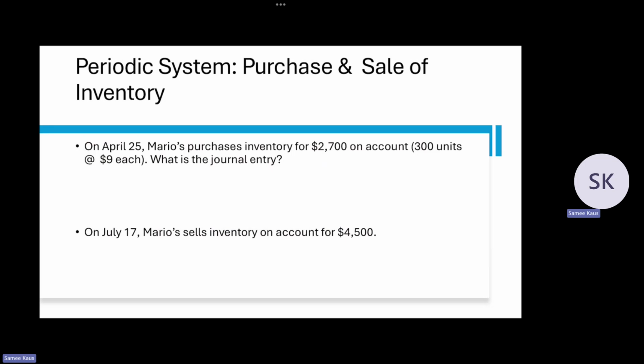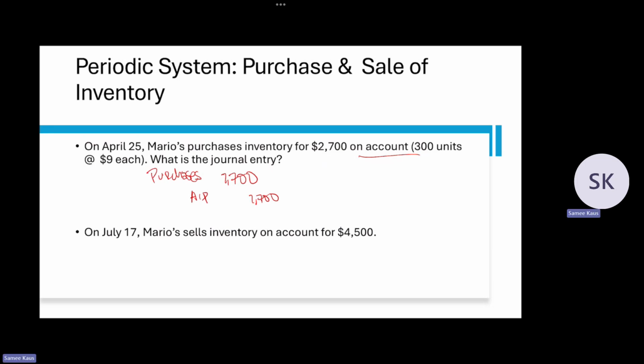I am getting inventory, but under a periodic system, I use a temporary account called purchases, because I'm not perpetually updating that inventory account. I'm throwing it in this purchases account, and I'm saying I'll pay you later. I have an accounts payable for 2,700.